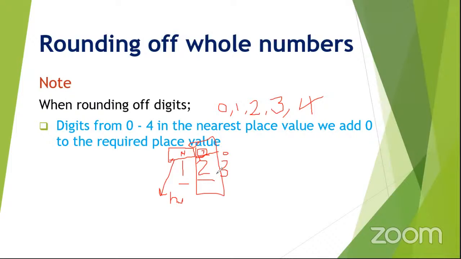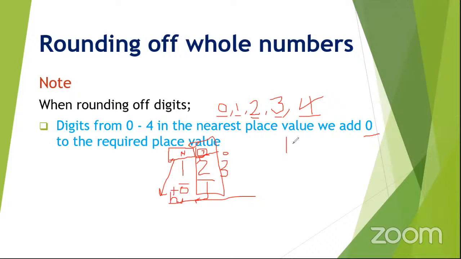If you find that it is either a 0, 1, 2, 3, or 4, what we do, we add a 0 to the required place value. That is the meaning of this note here.